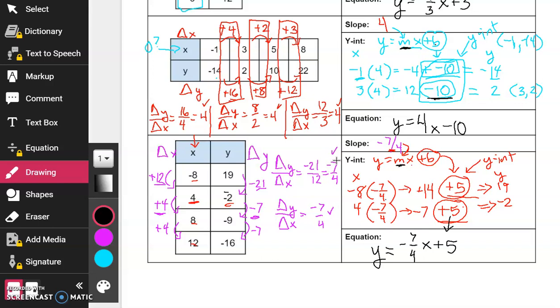Slope times x plus something equals the y coordinate. So we're using those points: -8 and 19, 4 and -2. We could do it with 8 and -9, 12 and -16. You'll see that the additional amount is plus 5 every time. Let's see what you can do.